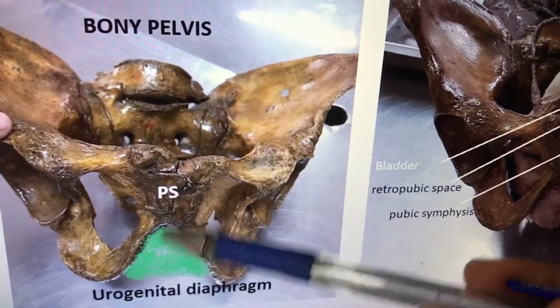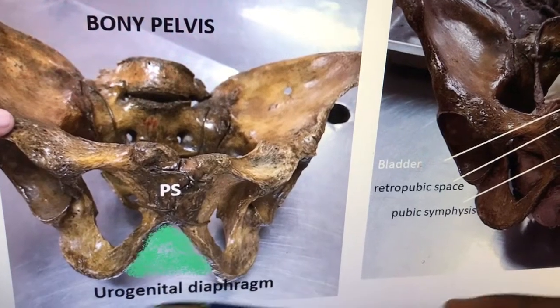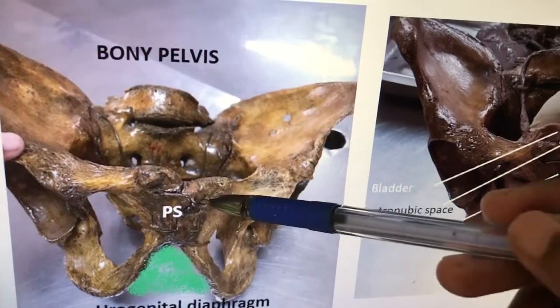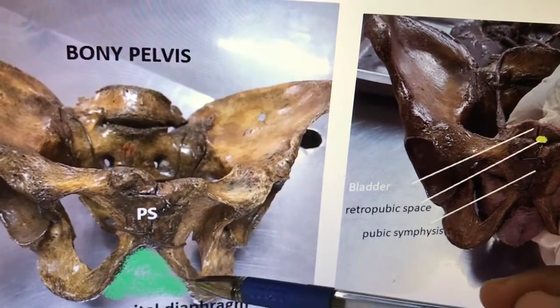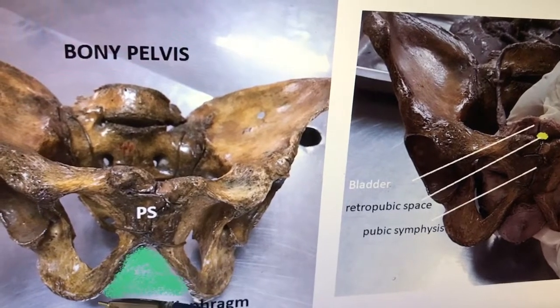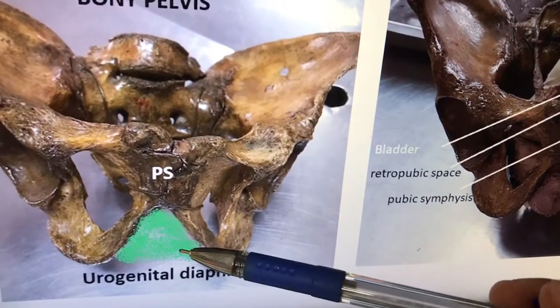These two are separated by a diaphragm-like structure called the urogenital diaphragm. Like that, the bottom of the lesser pelvis is separated from the outer part of the buttock by a diaphragm called the pelvic diaphragm. So these two diaphragms are very important in the pelvic region.